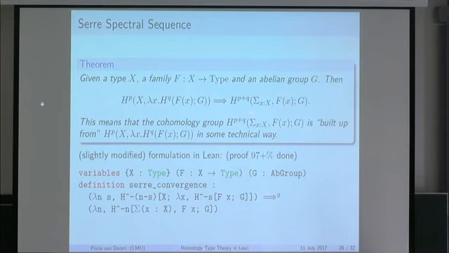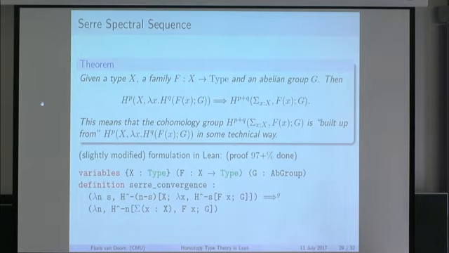So this is the cohomology group of the total space of F with coefficients in this group G. And this is the cohomology group of X with coefficients in this group, which is a cohomology group of F, the fiber of F, in G. And the statement of the Serre spectral sequence says that in some way the cohomology group of the total space of F is built up from these cohomology groups of the base space.